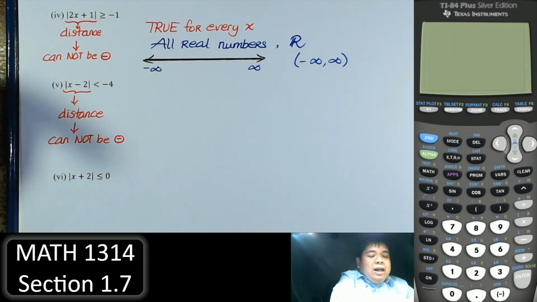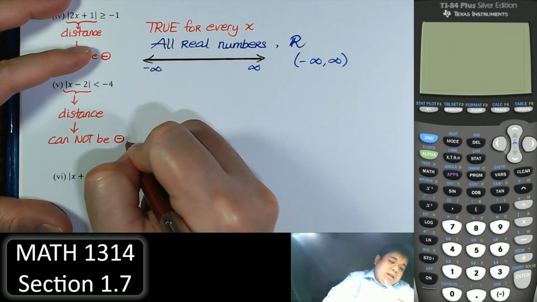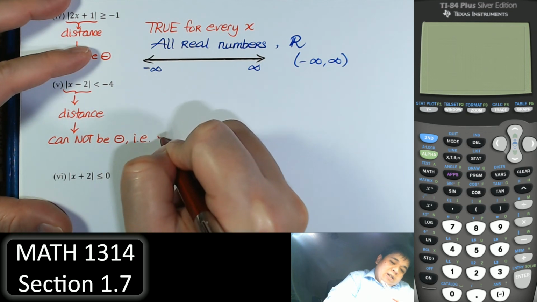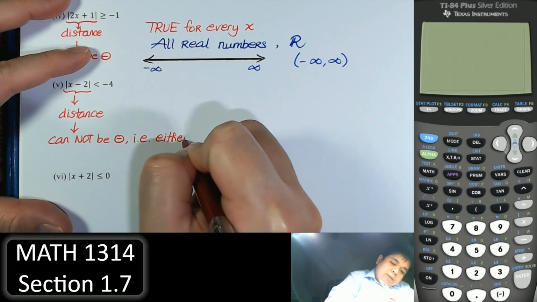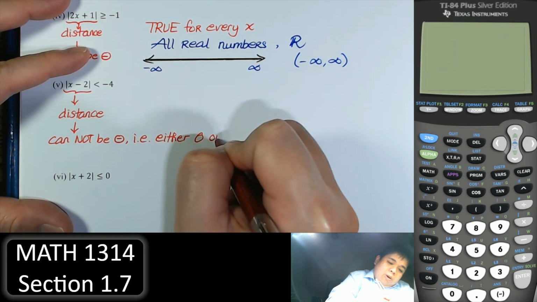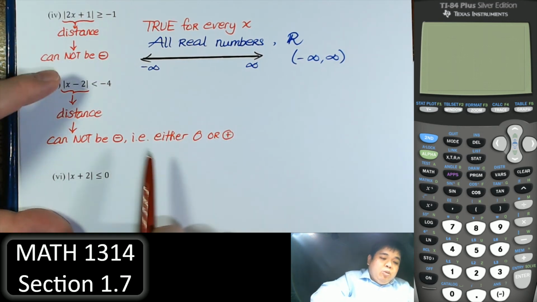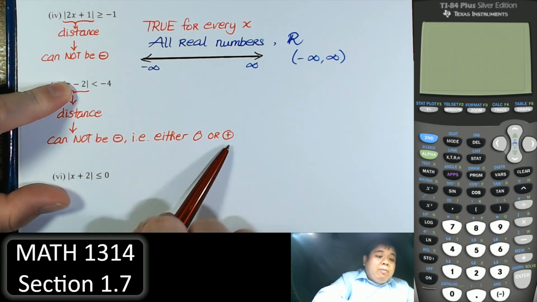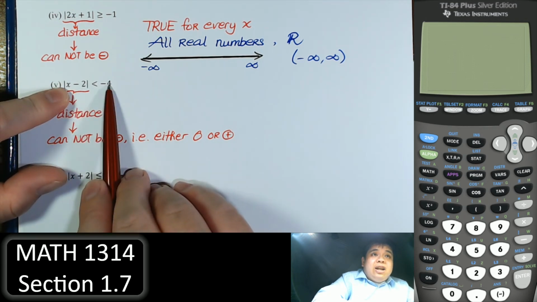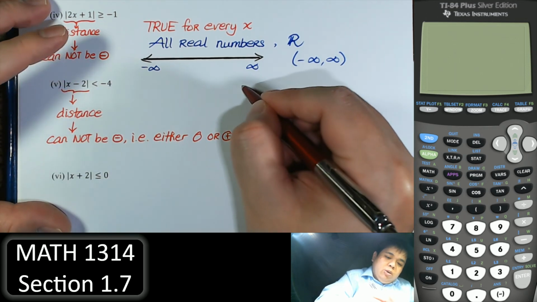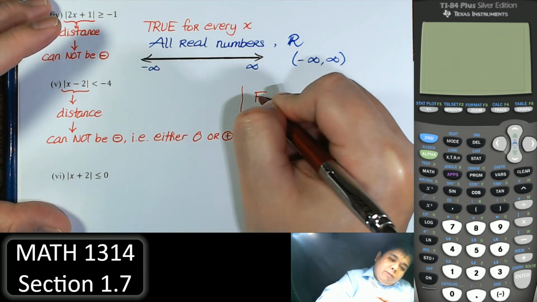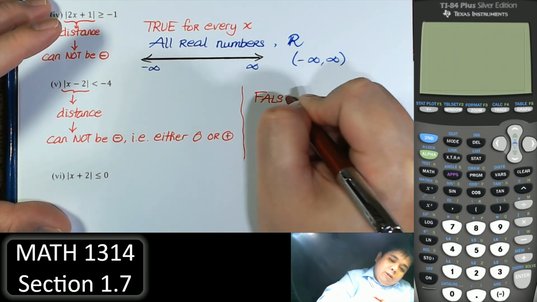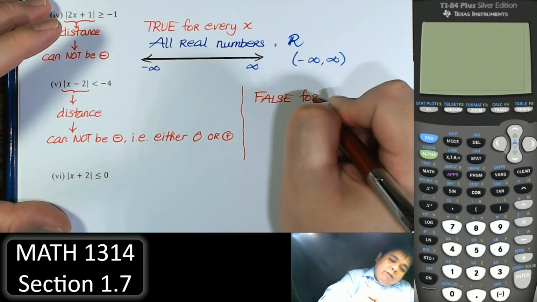Think about that. Cannot be negative, meaning either 0 or positive. Now, if we have 0 less than negative 4, that is false. If we have positive less than negative 4, that is also false. So this one is false for every x.